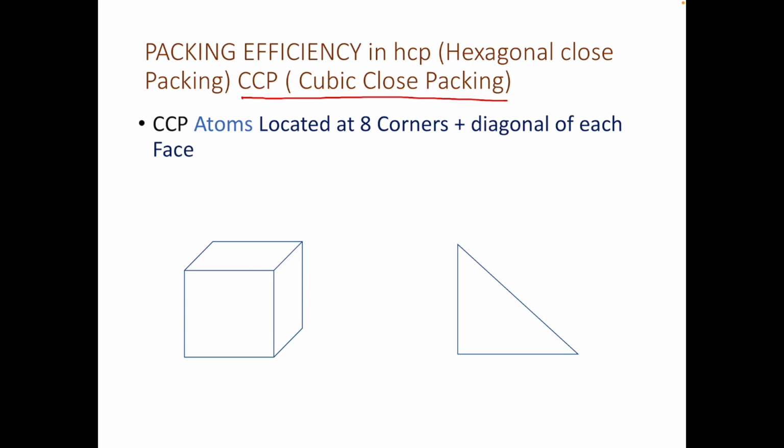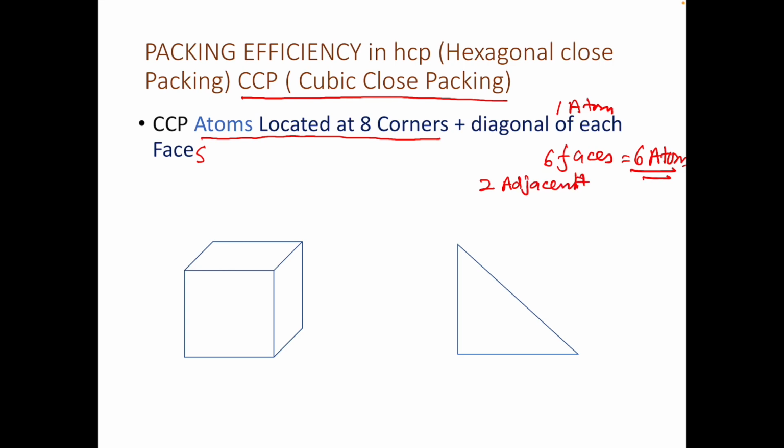In CCP, 8 atoms are present at the 8 corners, and one atom each at the 6 faces, but each of these atoms is shared by 2 adjacent unit cells.